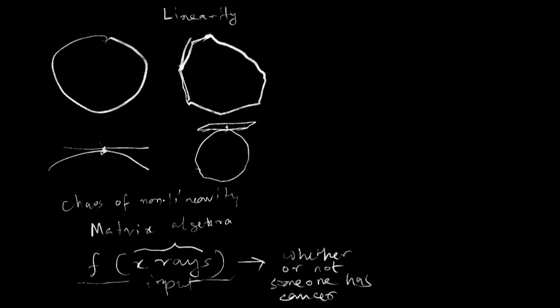It's all linear algebra essentially, and probability and some calculus, where we are essentially reducing what our human brain is doing. For example, a pathologist looks at an x-ray and can tell whether or not someone has cancer, into a function.